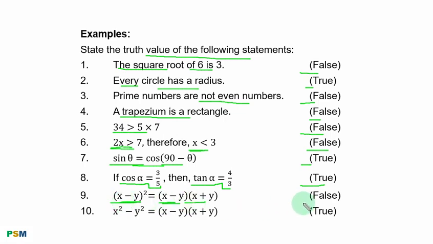Hence, it is a false statement. 10. x squared minus y squared is equal to this. The result is for difference of two squares, and this expression is a difference of two squares. Hence, the statement is true.